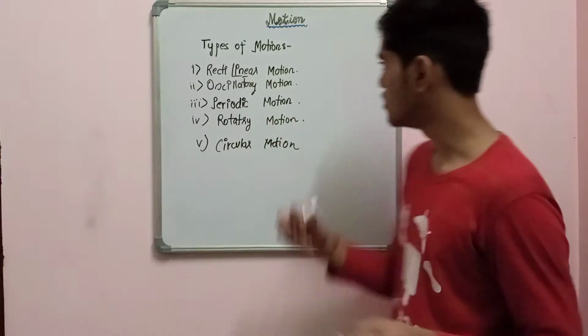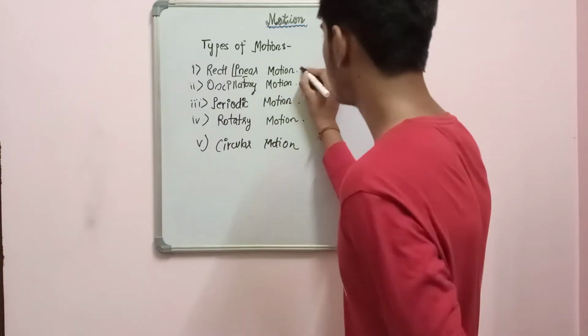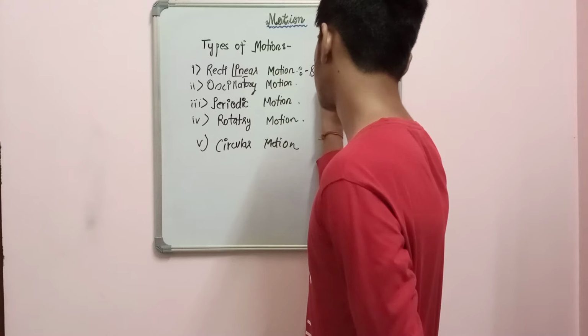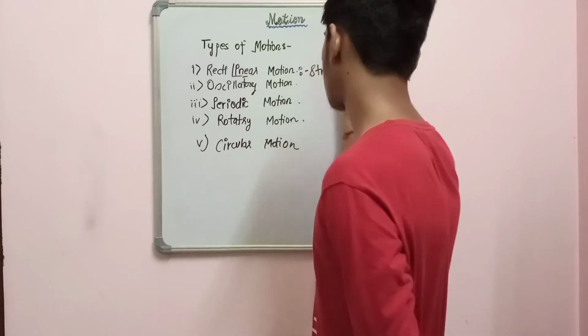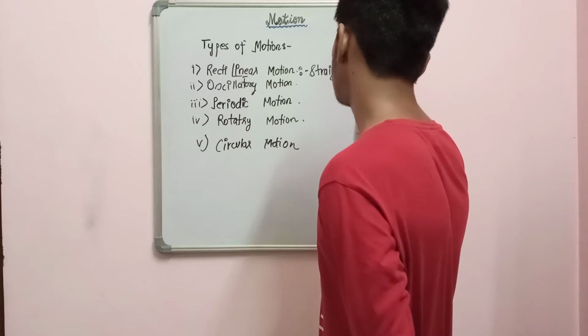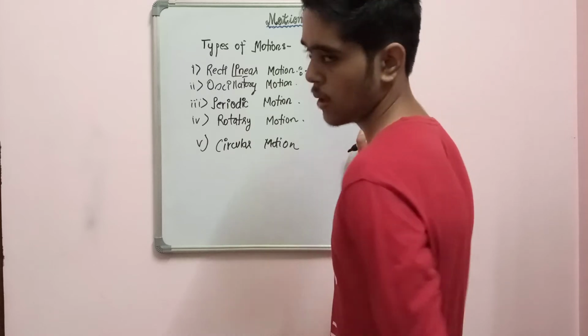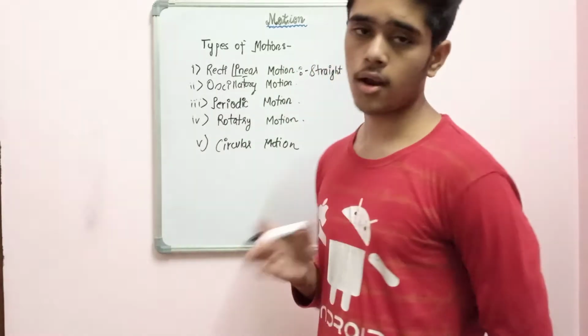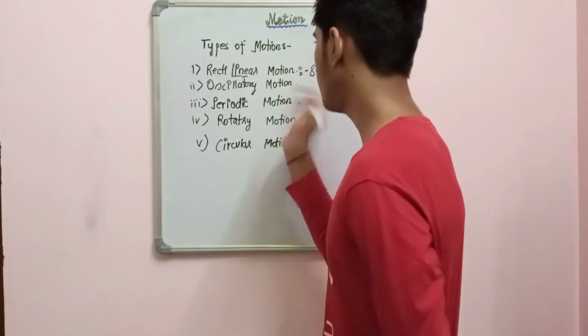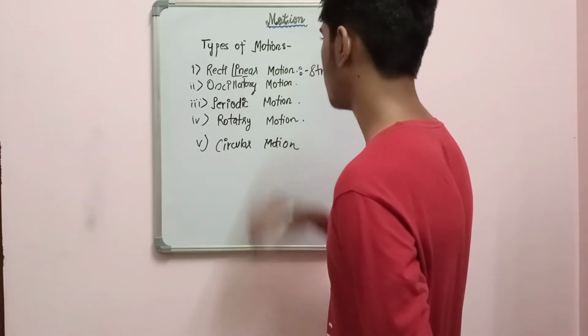So rectilinear motion means straight line motion. Another motion is curvilinear motion. Rectilinear and curvilinear are part of other motions, but rectilinear, straight line motion, is the most important one.